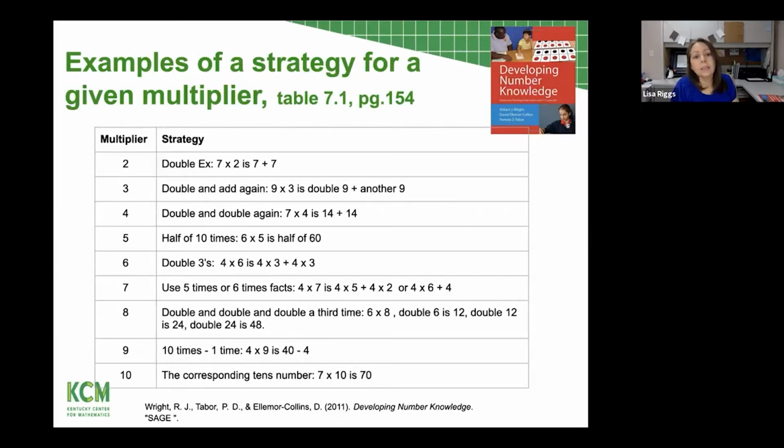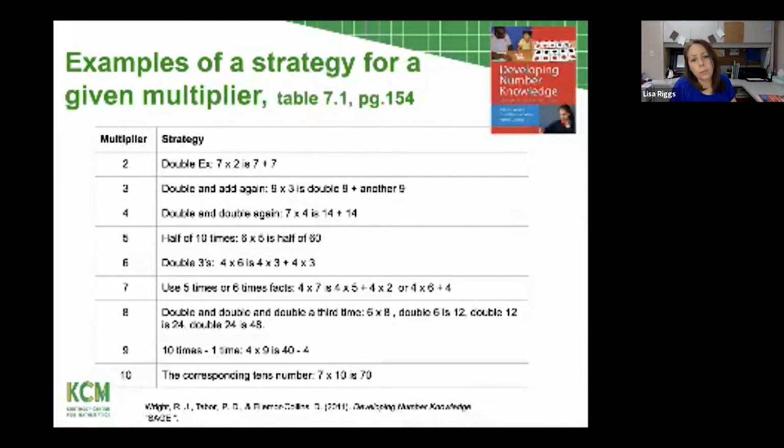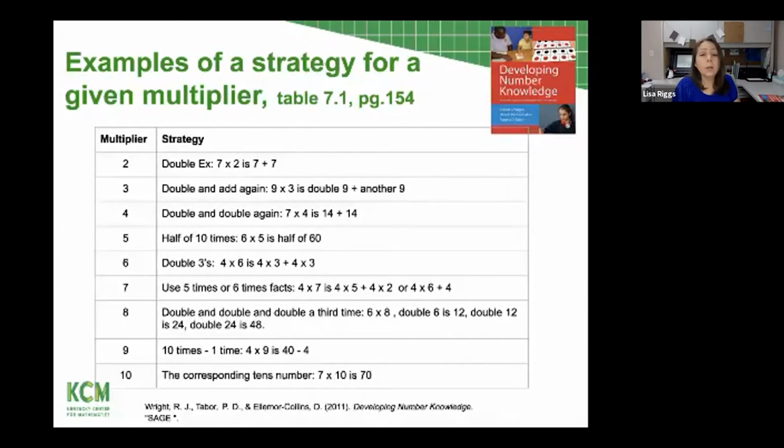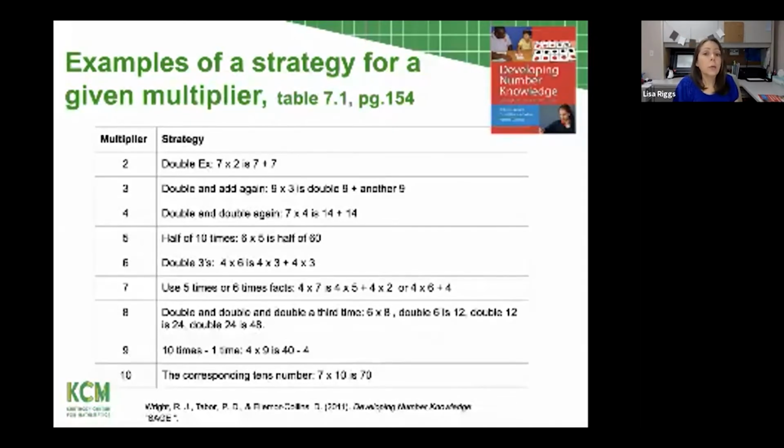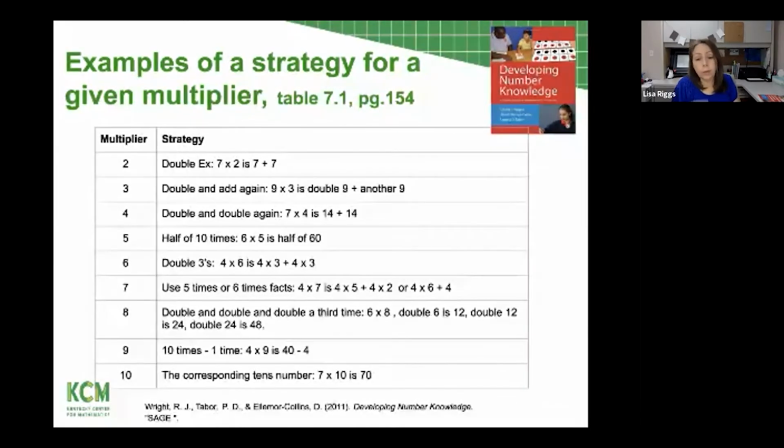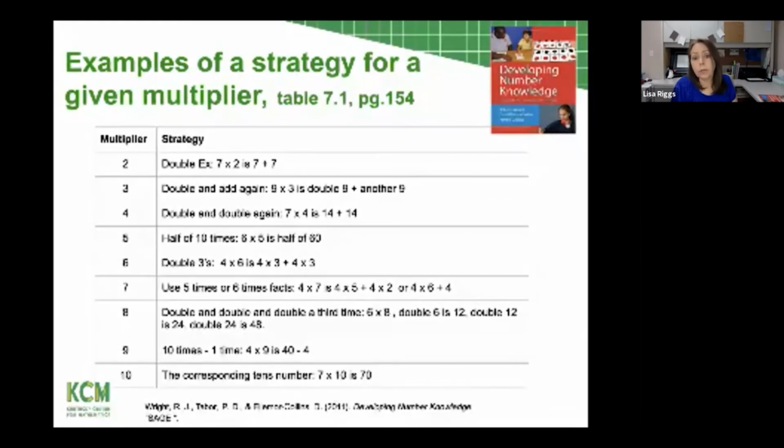And then you may find that the 7s and 8s are where lots of kids struggle to remember or have that habituation or quickly recall the answers to their facts. So they can use previously known facts. If they know their 5s or 6s facts, they can build from there. So for example, if the problem is 4 times 7 and they know their 5s, they can think, oh, well, 4 times 5, that's 20, plus the other piece would be 4 times 2.